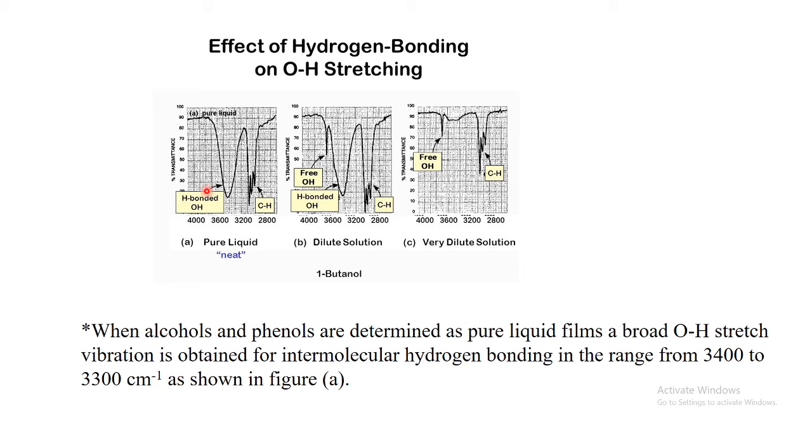So when we record the IR spectrum for phenols and alcohols, generally a broad band is observed at around 3400 to 3300 cm inverse. So this broad band generally represents the hydrogen bonded OH absorption.